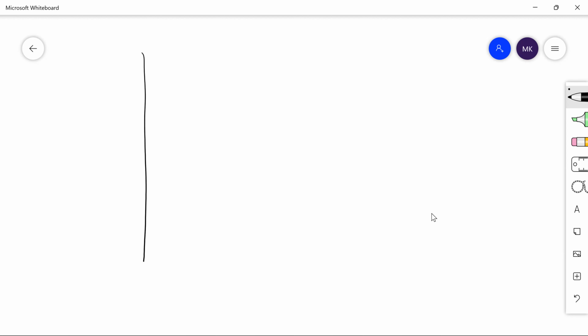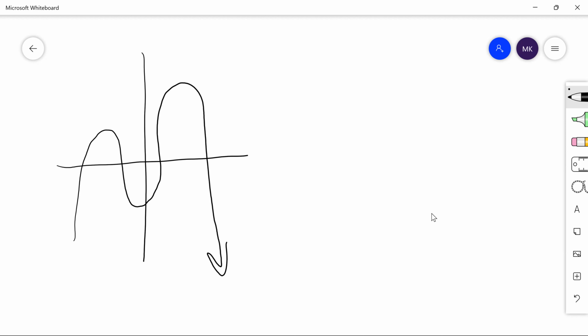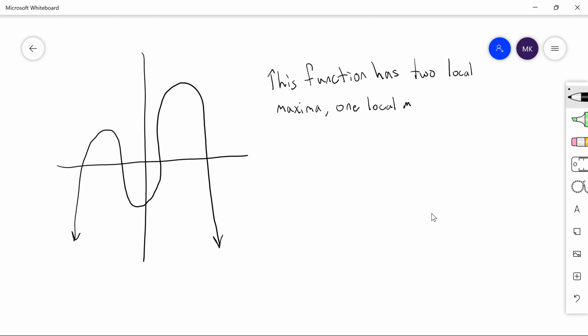So if I have just some function, say like this, okay, this function here has two local maxima, one local minima, and one global maxima.